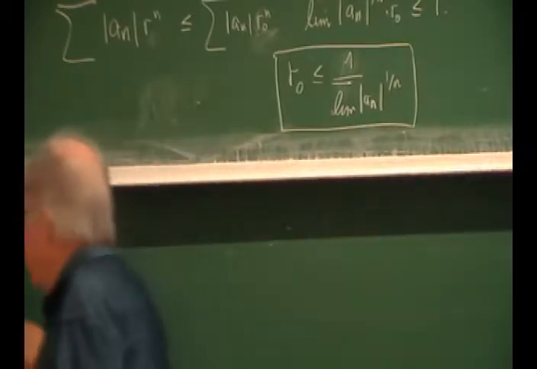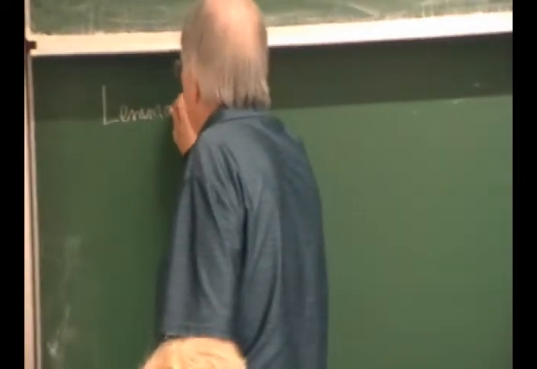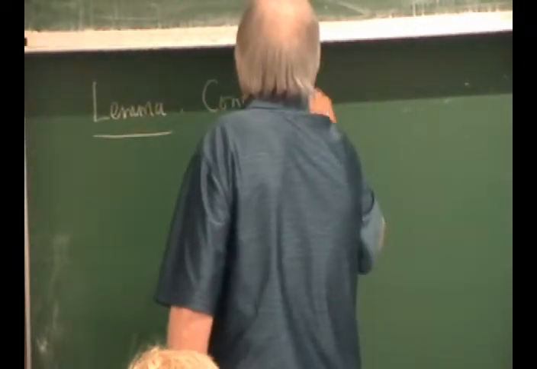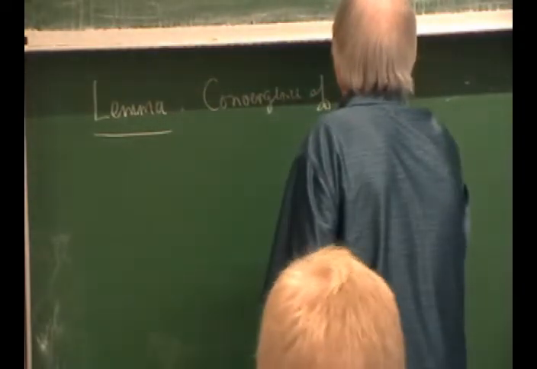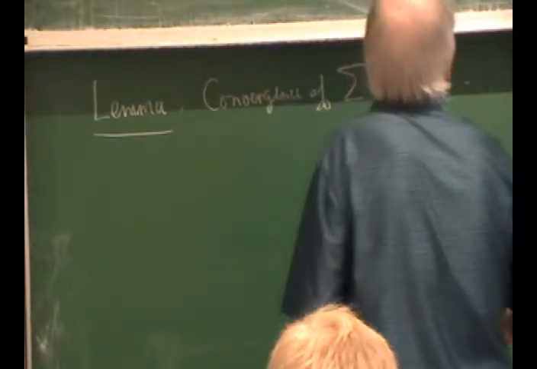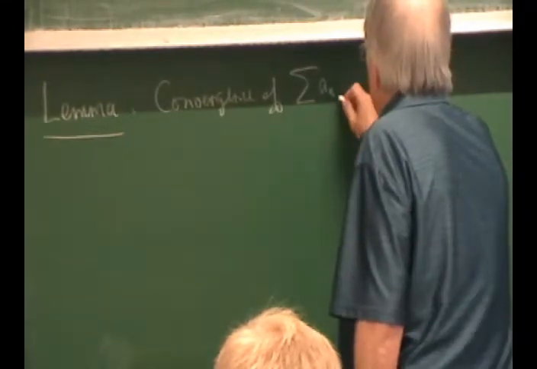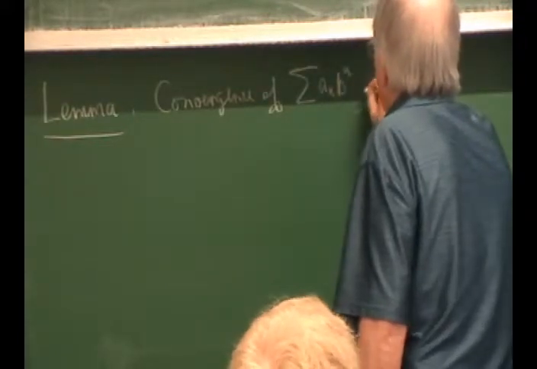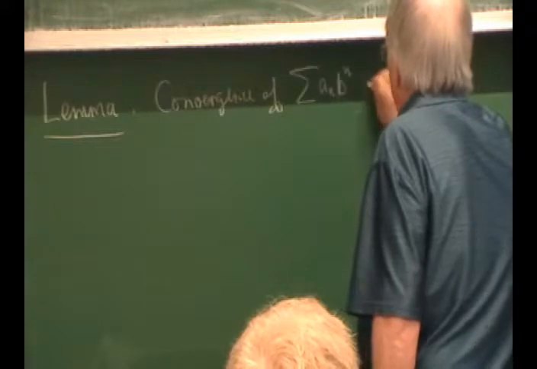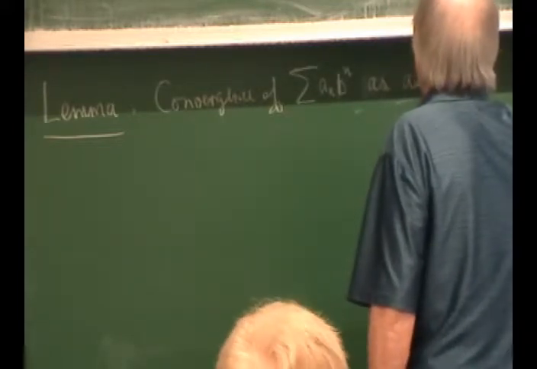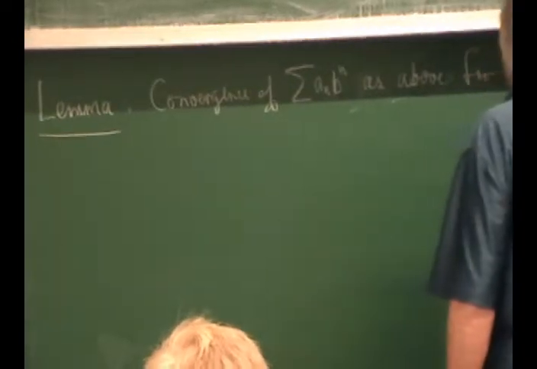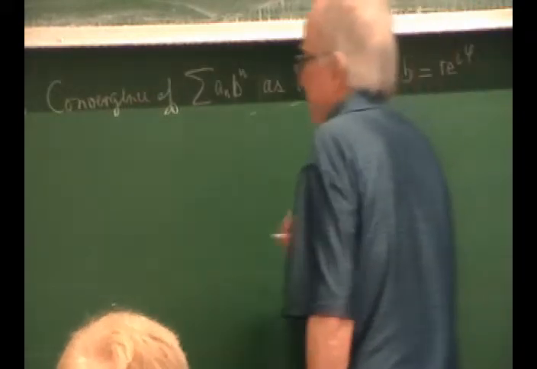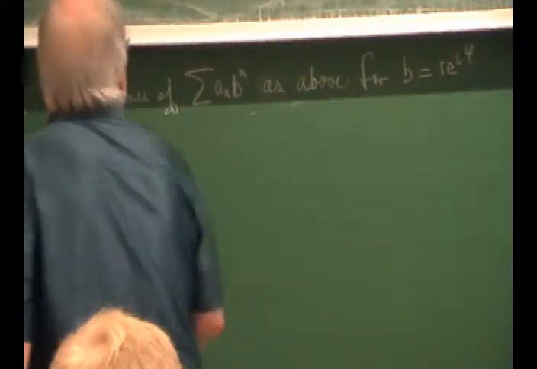So, the little lemma that we proved is: convergence of this thing, a n b to the n, convergence as above, for b equal r e to the i phi, implies what I call R0.